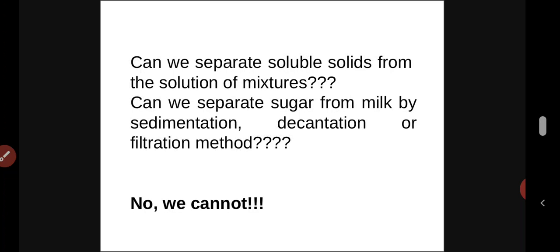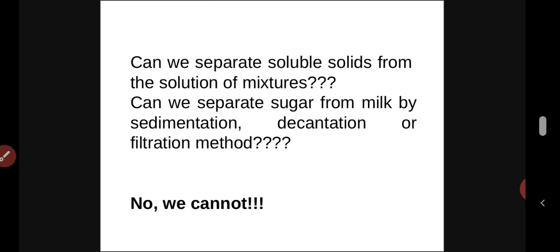A soluble solid means the solid that has been dissolved in the liquid, that forms a solution. It has been mixed or dissolved, and we cannot see it. We can only taste it and say, yes, it is present or it is absent.